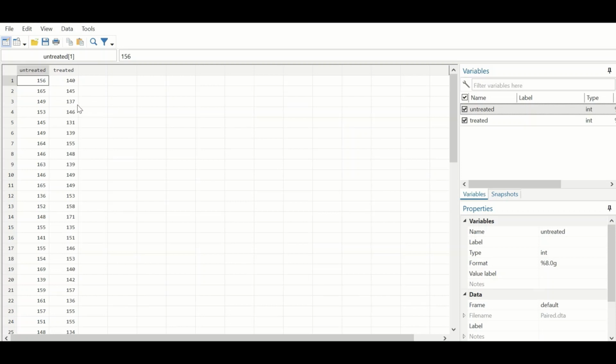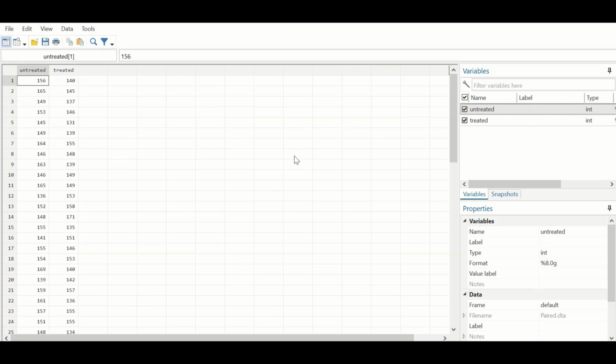So the systolic blood pressure is the dependent variable. There are 47 participants or cases, and to find out whether this drug has a significant effect on lowering the systolic blood pressure in those patients, the paired t-test will be performed, as here the two sets of data are paired.